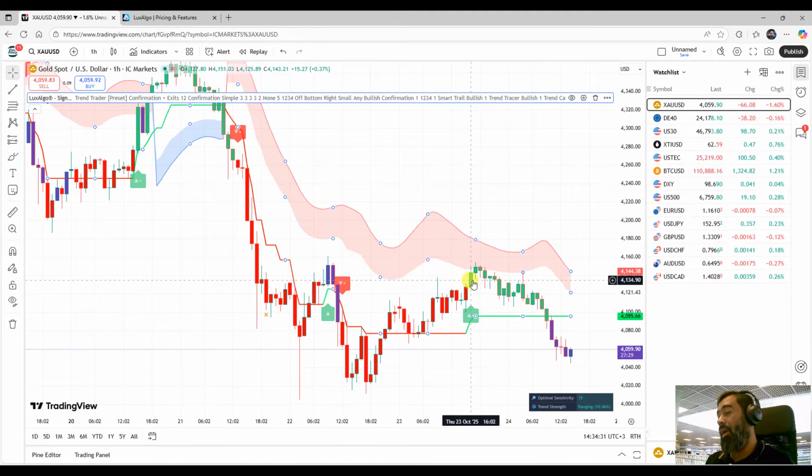I would personally not take the trade because the cloud is still above the buy trade and it is still red. But you see, in case you make a mistake of taking a buy trade, it still gave you 1,000 points of profit. Correct? Okay, so this is the first set file.